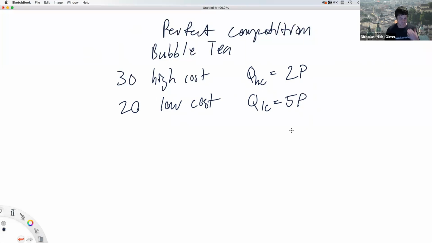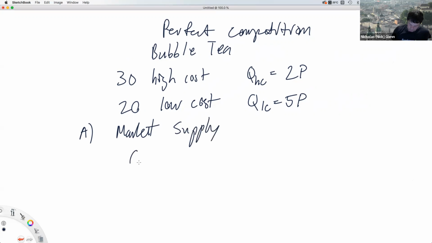Okay. First thing we want to do is find the market supply curve. So we want to find the equation that represents that. When we're doing that, we'll add up all the individual supply curves of these firms that are high cost and low cost.